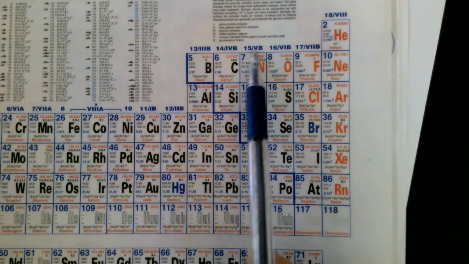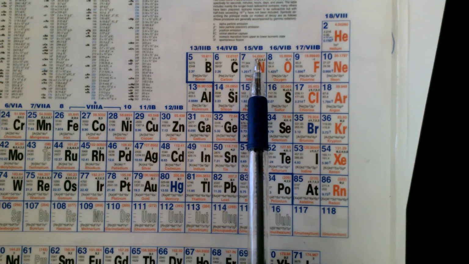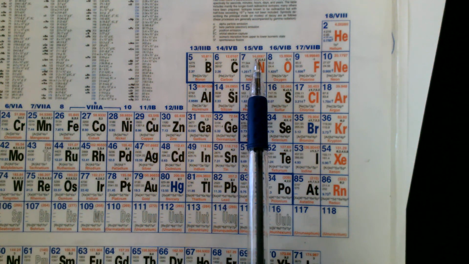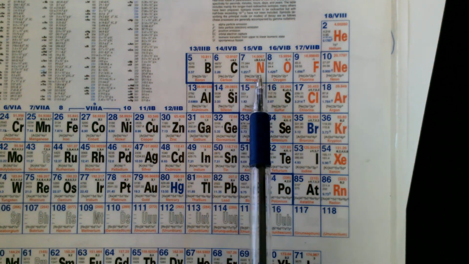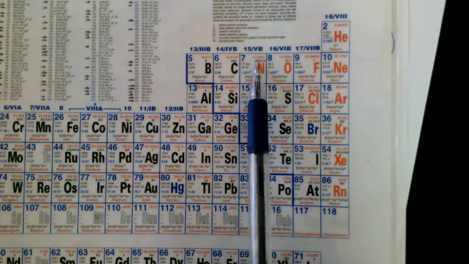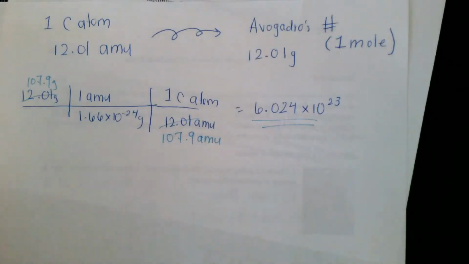So the units for our atomic mass can be AMU if you just have 1 atom, or if you're looking at an entire mole, then this mass is in units of grams.